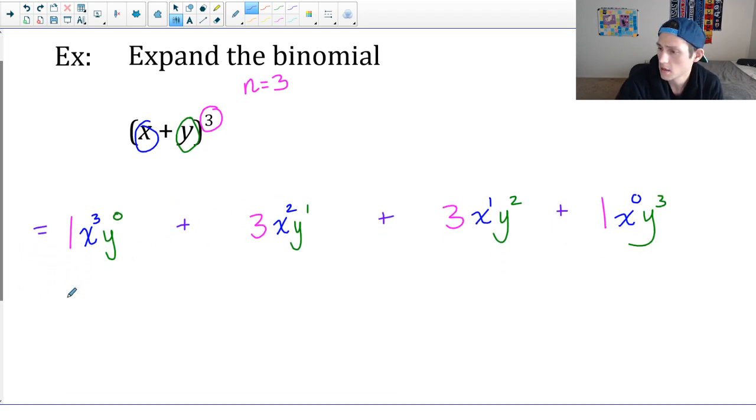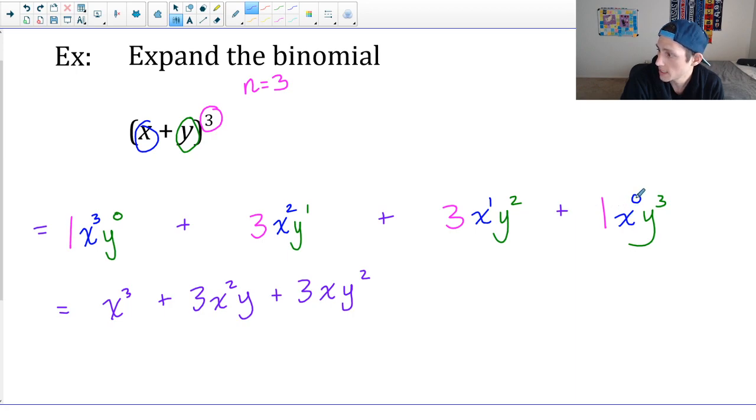All right. So now let's just do a little bit of simplifying. Y to the 0th power is 1. So really that first term is just x cubed. I don't need to write times 1 and times 1. This term, 3x squared, y to the first, I can just write as y. 3x to the first, y squared: x to the first I can just write as x, so 3xy squared.